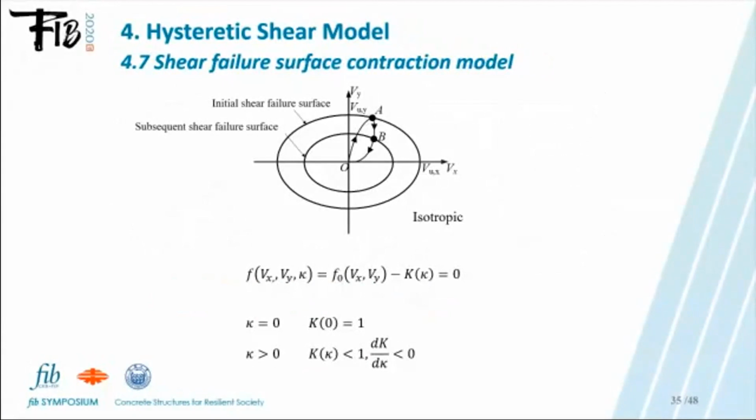Post-shear failure behavior involves the contraction of the shear failure surface toward the actual load failure surface. Many different contraction criteria were considered in the formulation, where it was determined that the isotropic-based contraction criterion produced the best element behavior compared to experimental results.